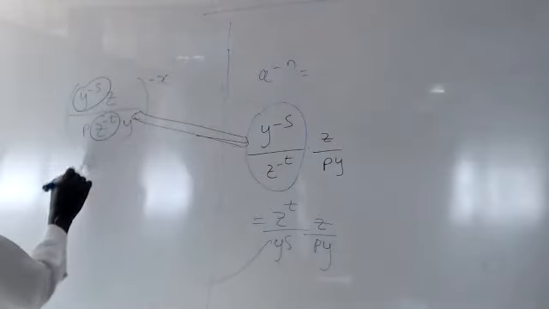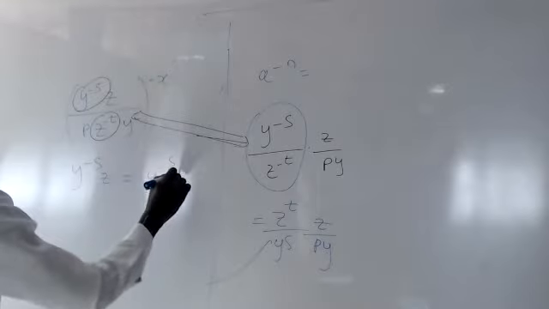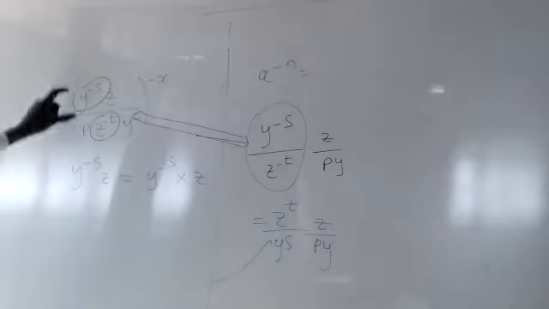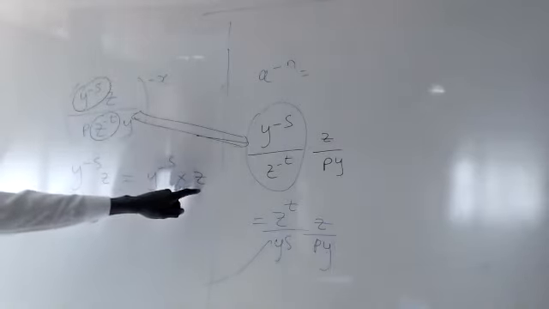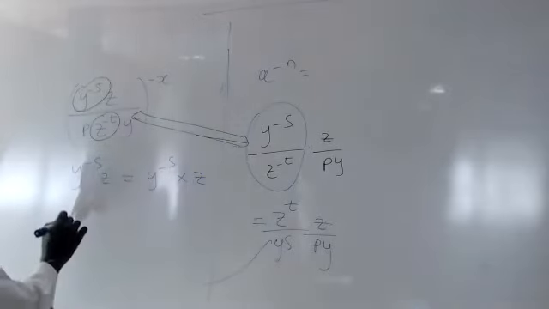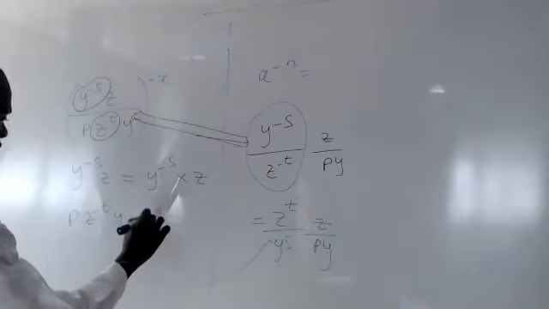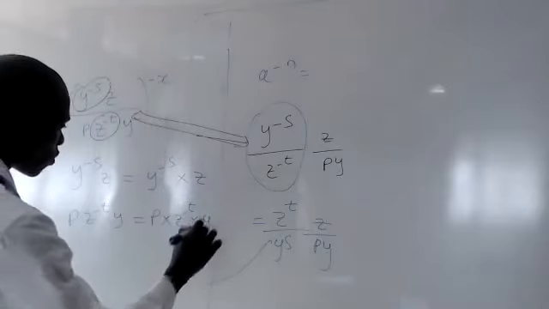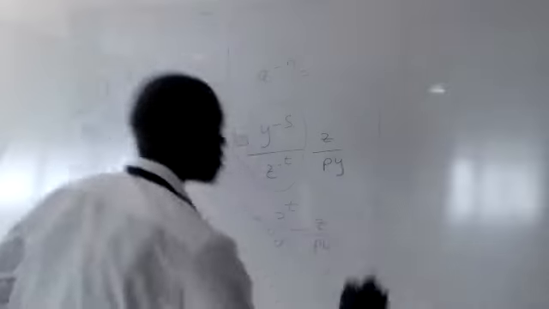When you write y to the minus sz, this simply means y to the minus s times z. That's the meaning of this expression, y to the minus s times z. Similarly, p times z to the minus t, y, this means p multiplied by z to the minus t multiplied by y. Suppose you had numbers.